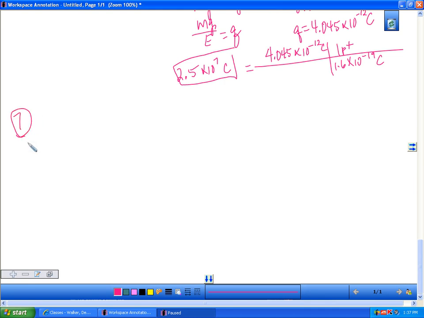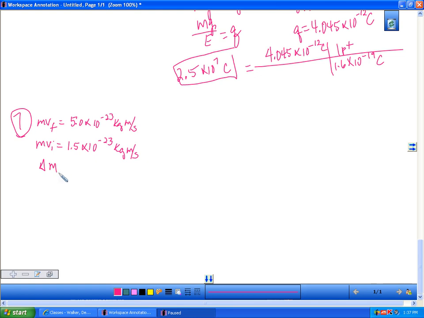Number 7. Number 7 said a proton is moving parallel to a uniform electric field. The electric field accelerates the proton and increases its linear momentum. So mv final is 5 times 10 to the minus 23rd kilogram meters per second. mv initial is 1.5 times 10 to the minus 23rd kilogram meters per second.